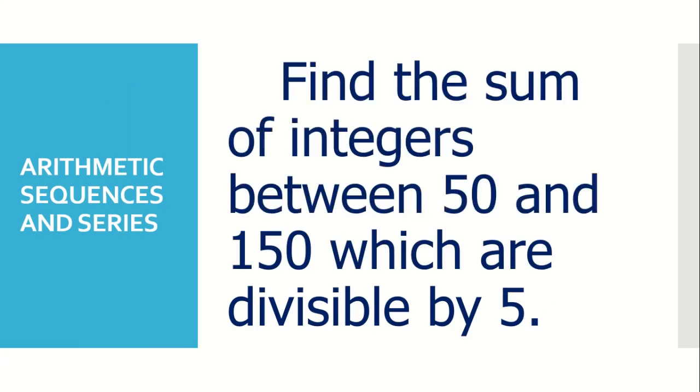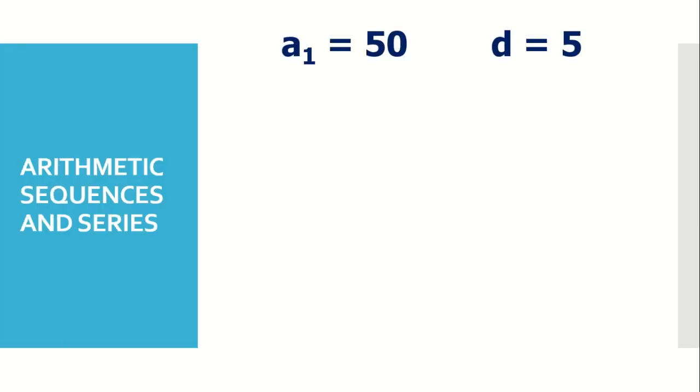Example: find the sum of integers between 50 and 150 which are divisible by 5. So our first term is 50. Since the integers are divisible by 5, that would be your common difference. Our a sub n, as the last term, is 150.